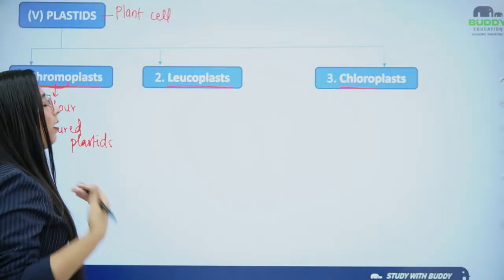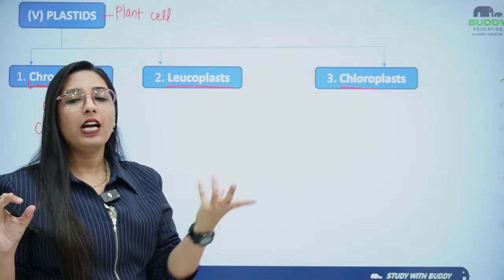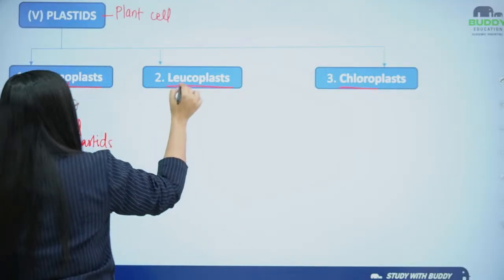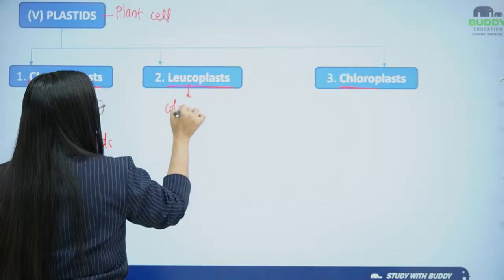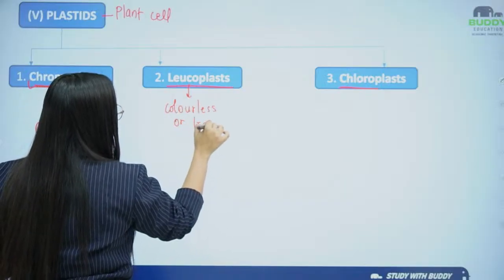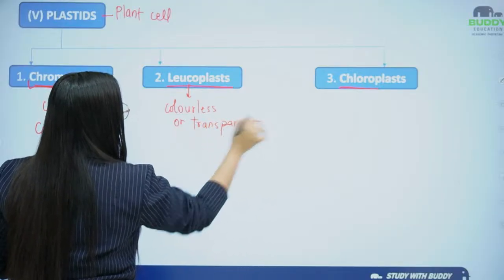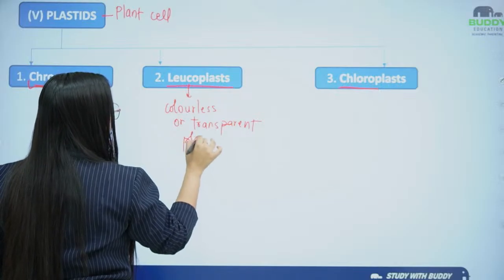If I talk about leucoplasts, leucoplasts are colorless, white, or transparent plastids.